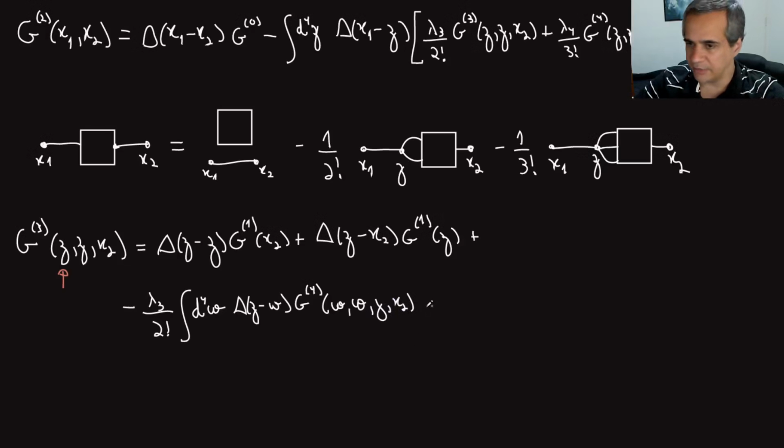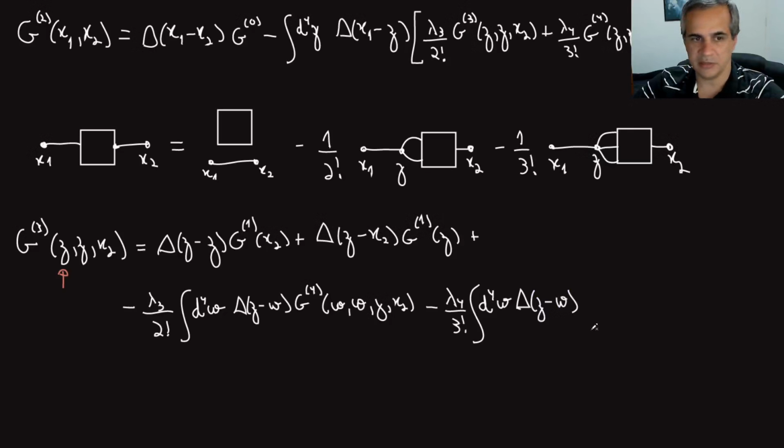Right? And the next term will be lambda 4 over 3 factorial, d4w, delta z minus w again, because that's the same, right? And then I get a G5 of w, z, x2, right?